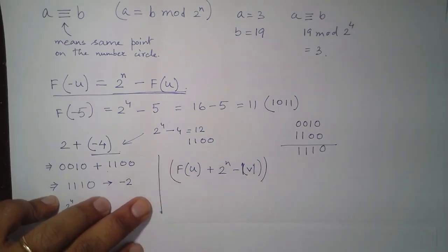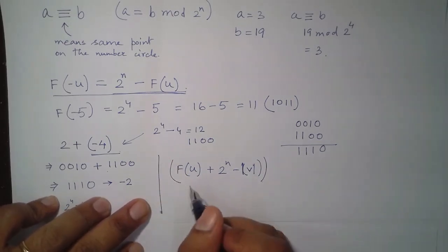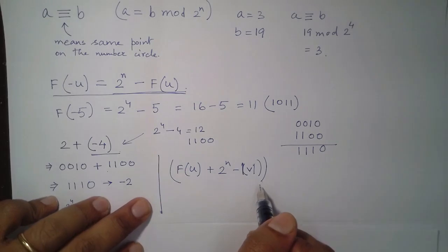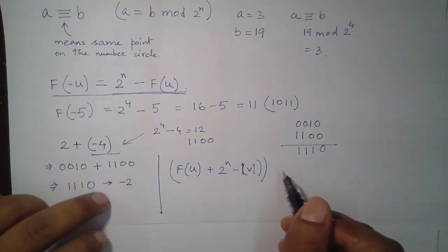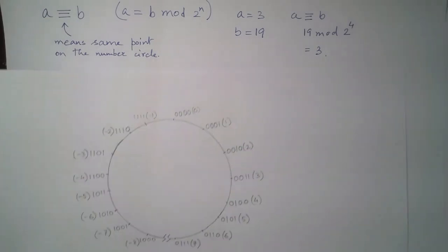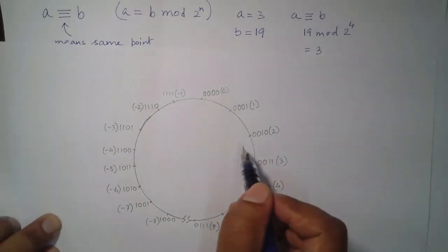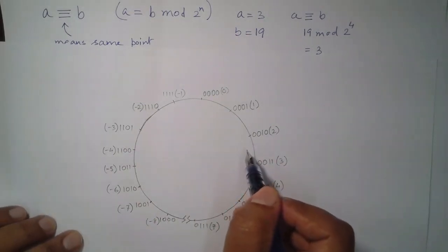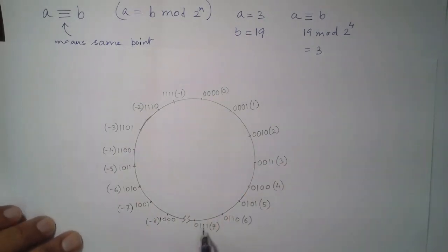Now in some cases, for completeness, it might happen that your result does not fit into the number circle, so you can't find the unique mapping in the number circle.